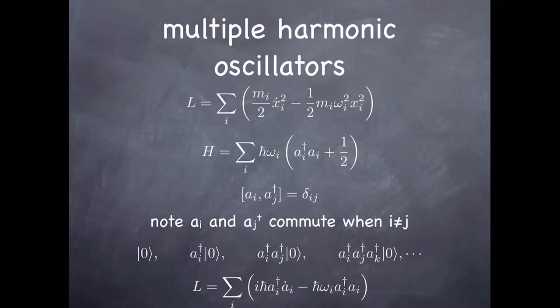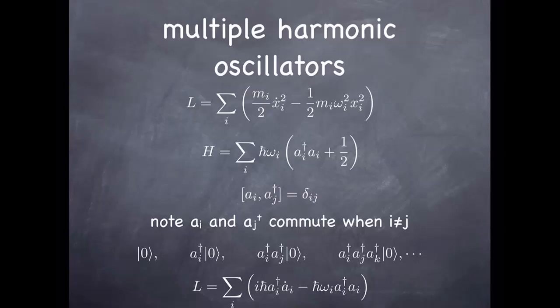It doesn't matter whether you act a_i† first or a_j† first because they commute with each other. For the fourth state with 3 creation operators, I have i, j, and k. Again, it doesn't matter in which order I act them on the ground state. Given 3 operators, I have 3 factorial ways of acting them. So there are 6 ways, but all 6 ways give you identical results because they commute with each other.